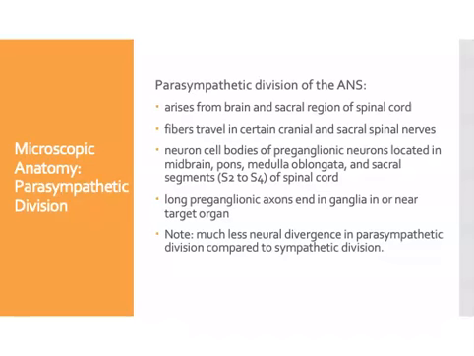So we're going to see nerve fibers traveling through various cranial nerves and the sacral spinal nerves. Remember, there's two routes to the body. If the neuron is in the brain, it can send pathways out through cranial nerves. If it's in the spinal cord, it can send pathways out through spinal nerves.